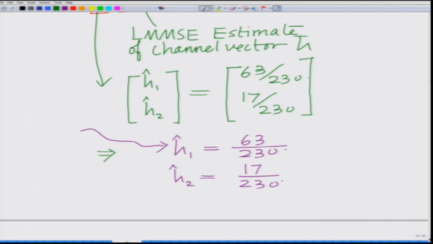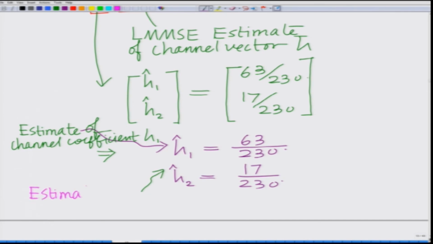It is the estimate of channel coefficient H1, and what is H2 hat? This is your estimate of channel coefficient H2.